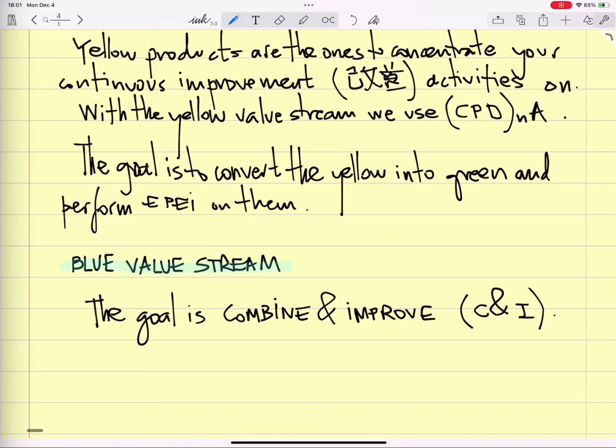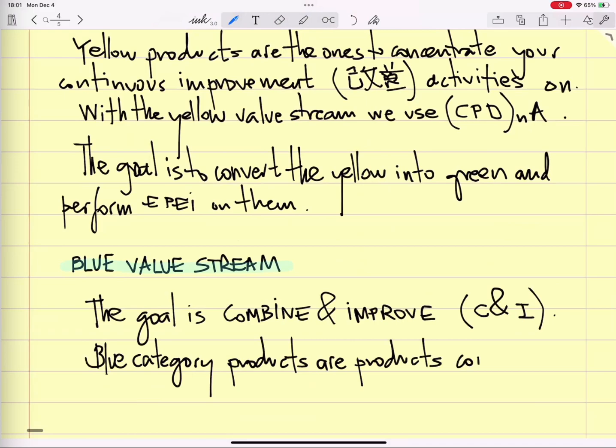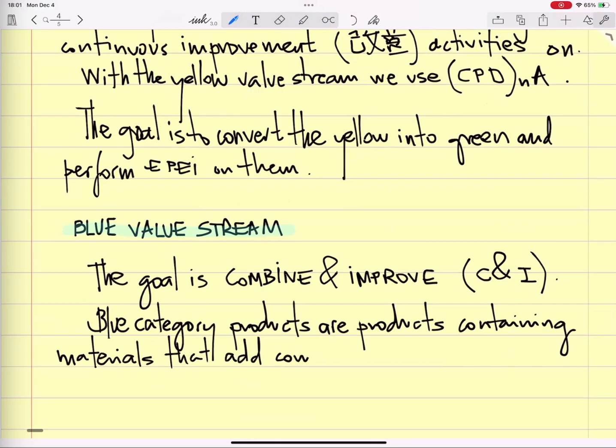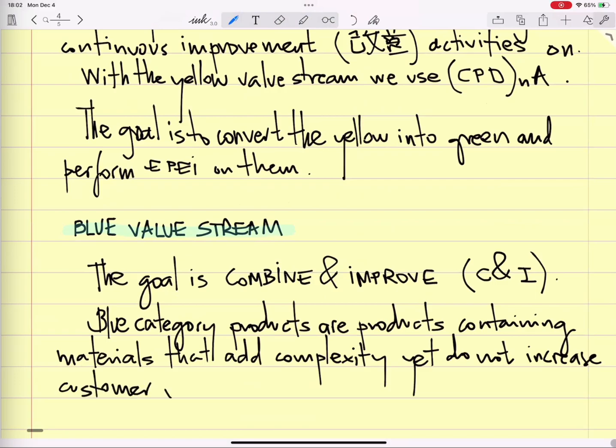Blue category products are products containing materials that add complexity yet do not increase customer value. Okay.